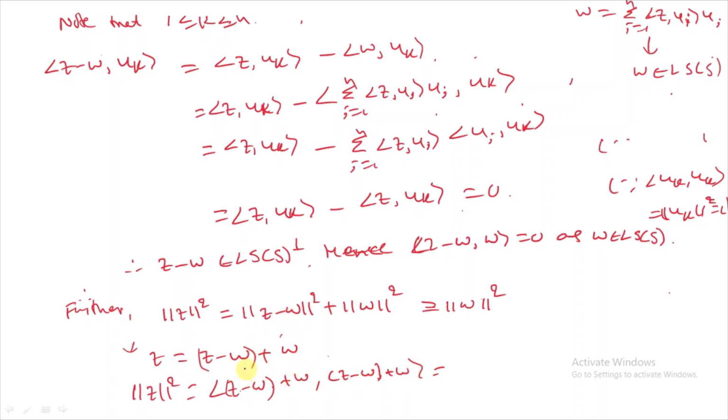Here you have to use the orthogonality: ⟨Z minus W, W⟩ is 0. Using this result we get norm Z minus W squared plus norm W squared. This is always at least norm W squared. This is the result; you can use the inner product definition and the condition ⟨Z minus W, W⟩ equals 0.